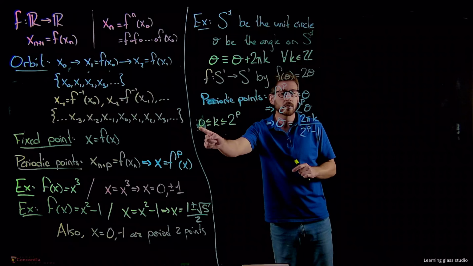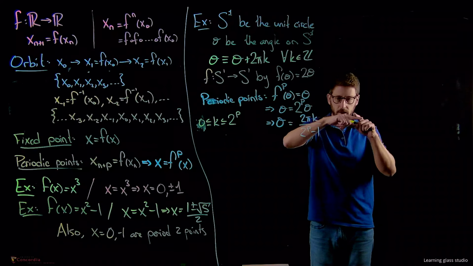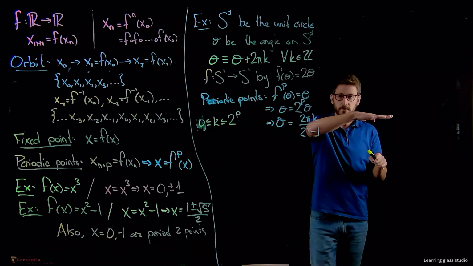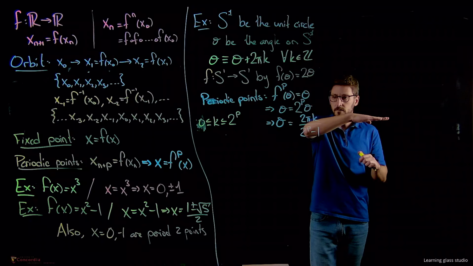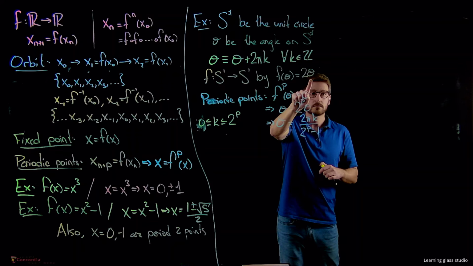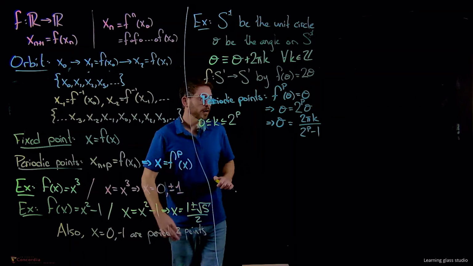With k equal to 0, that gives you just the origin on the circle, perfect 0 radians. That point is fixed for all iterates of the map, so theta equal to 0 is a fixed point.